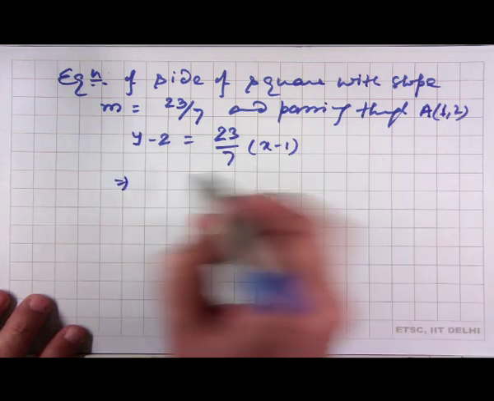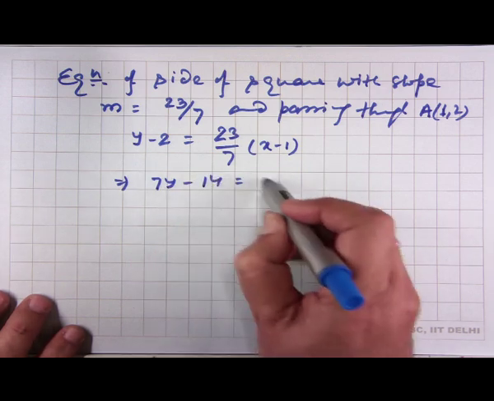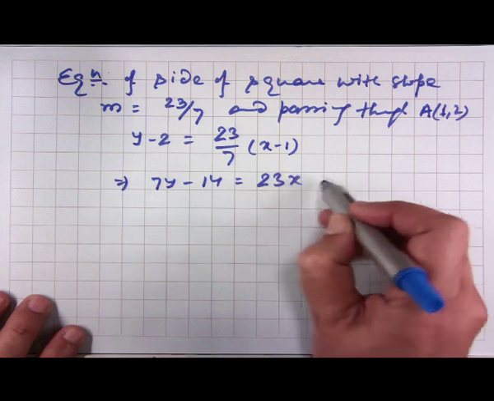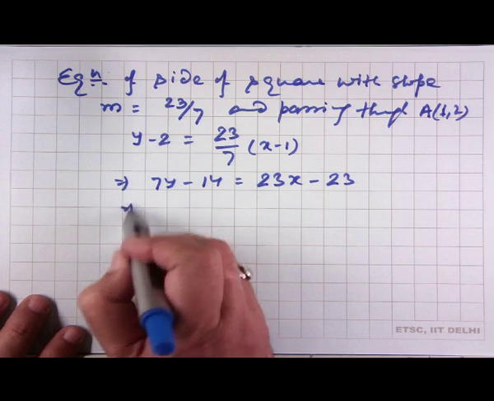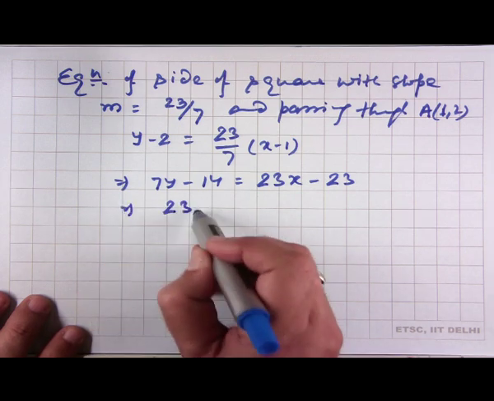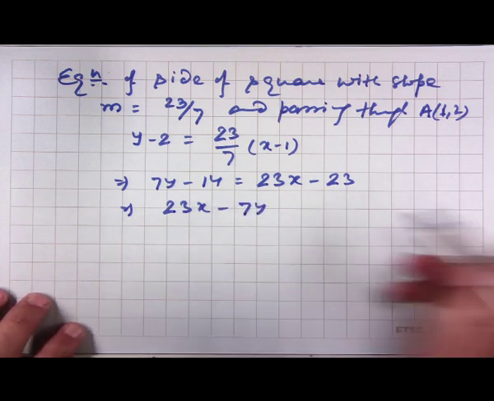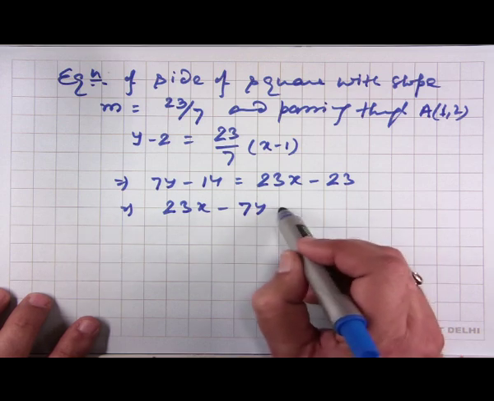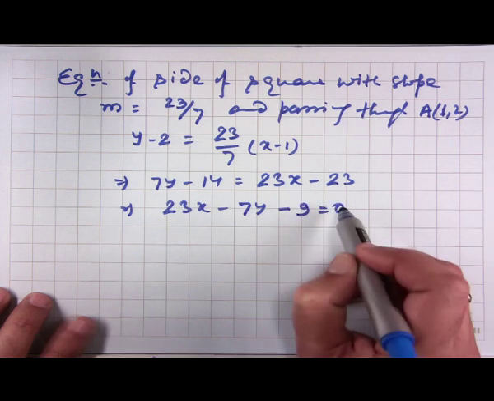So this implies 7y minus 14 is equal to 23x minus 23. So 23x minus 7y minus 9 equal to 0.